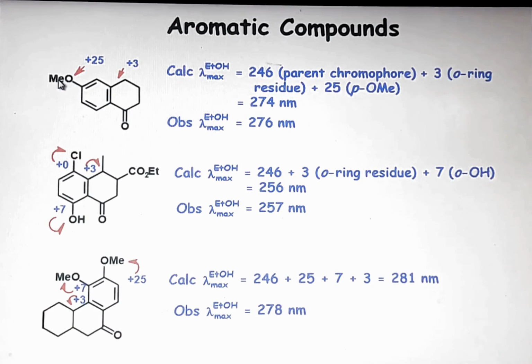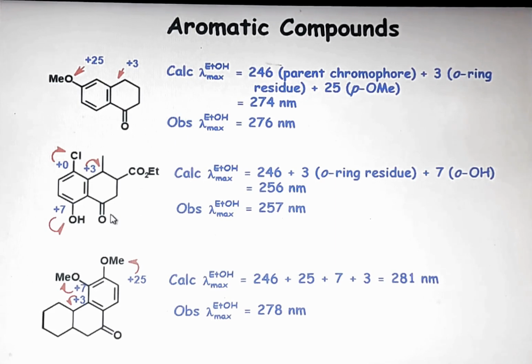So for the alkoxy group we have to add 25. Here the base value of this parent chromophore is 246 nanometer. On ortho position one ring residue is present, that is why we are adding 3 nanometer, and on para position we have an OMe group, so we are adding 25 nanometers. So the calculated value of lambda max for this compound is 274 and the observed value is 276 nanometer.